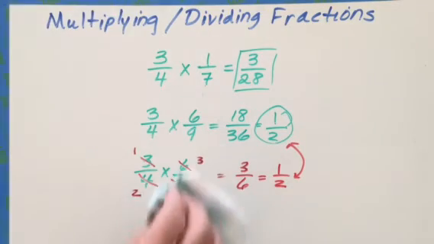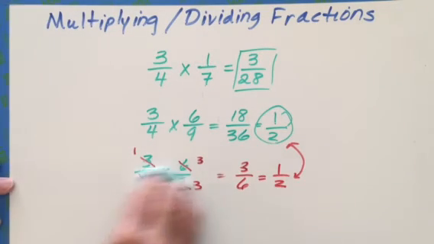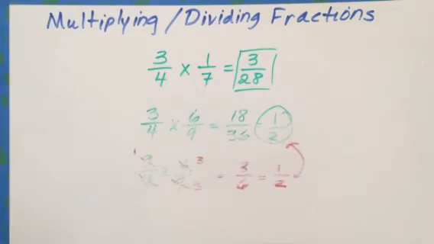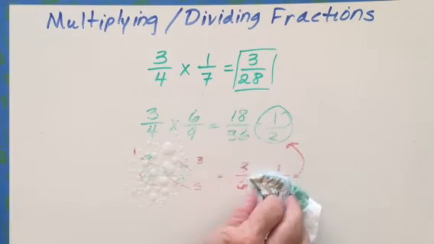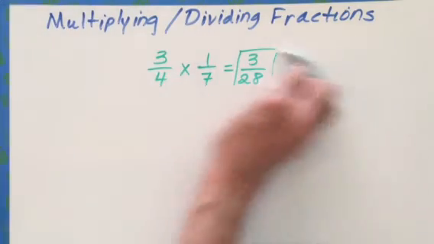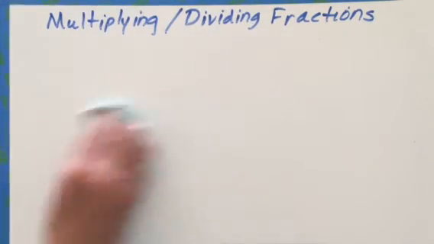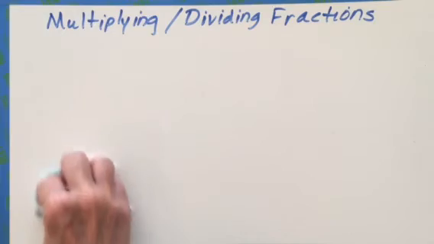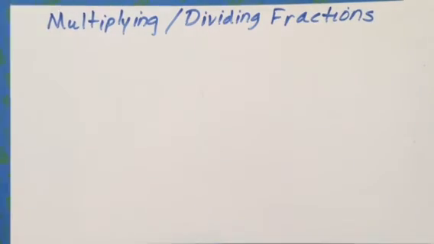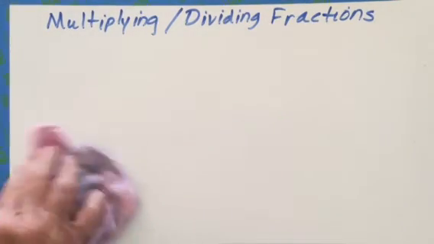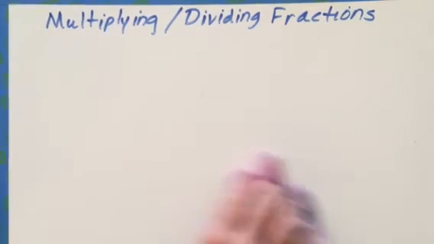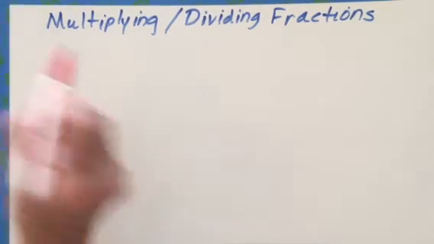All right, let me quickly do with you a division problem. Do you remember in elementary school, we told you guys that there's no such thing as a division of fractions. You basically have to do this.